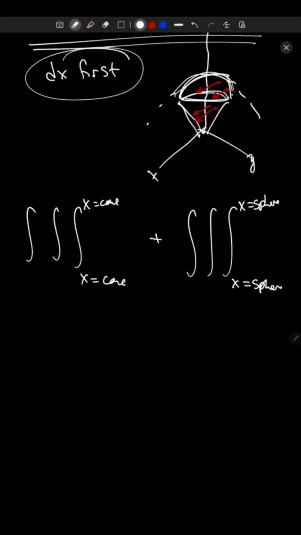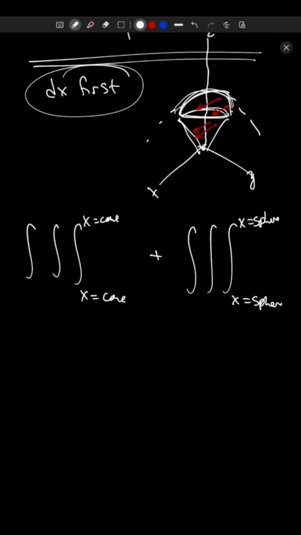There's no escaping that because we literally have two different types of integrals as we look at all of these lines parallel to the x-axis. And as usual here, what is the cone? It was z equals square root of x squared plus y squared.